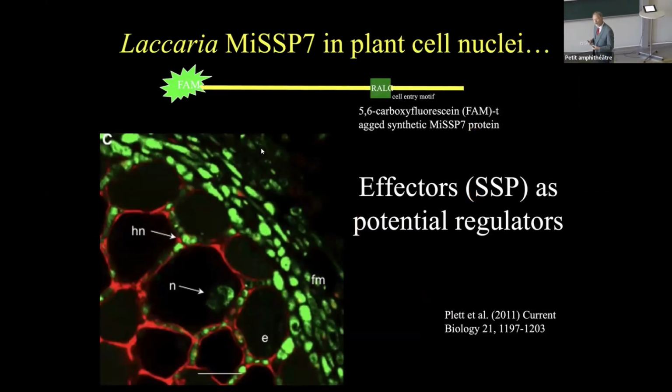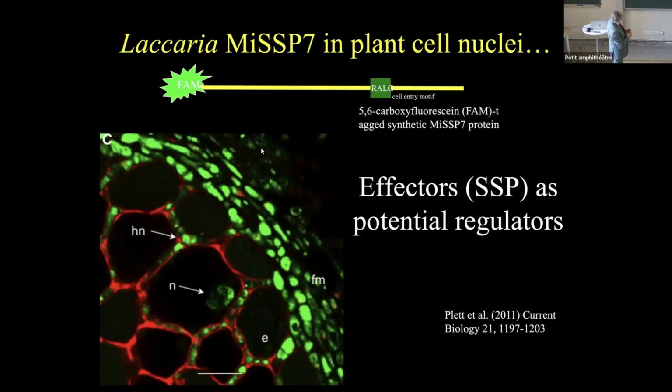It's been recently described that in the mycorrhizal association, a lot of effectors, small secreted proteins, and when I say a lot, it means hundreds, are moving between the partners, from the plant to the fungus and from the fungus to the plant. Here, this is a nice work by people from Nancy, where they labeled this small effector MiSSP7.